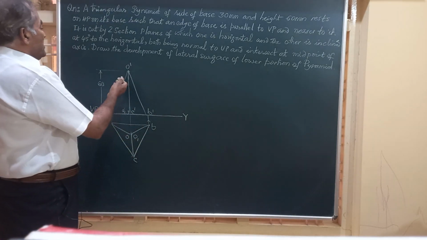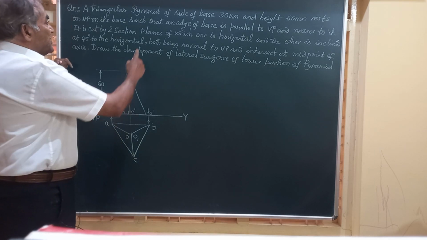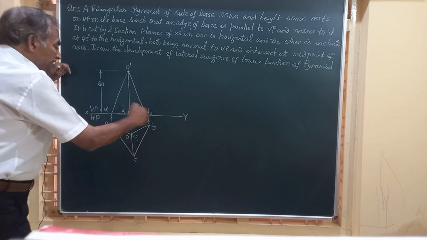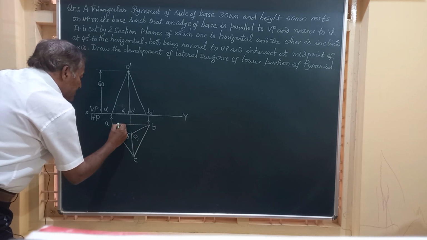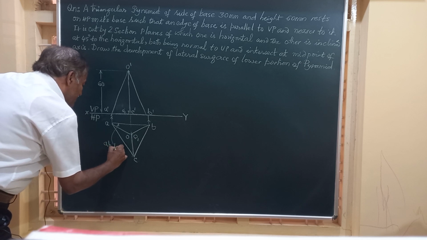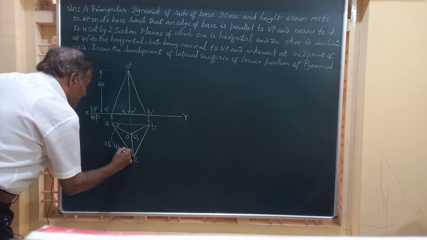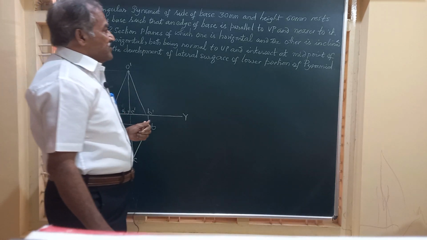Friends, we have drawn the front view and top view of the pyramid, which is resting on the triangular face with AB, one of the base edges, parallel to VP and nearer to it.